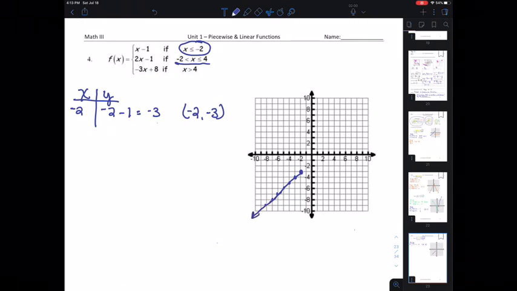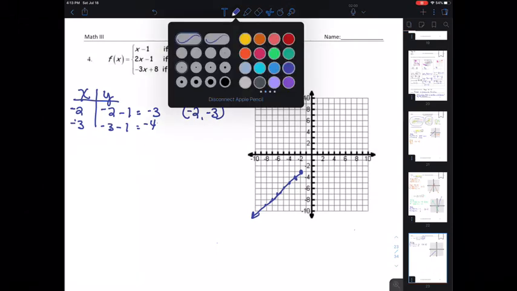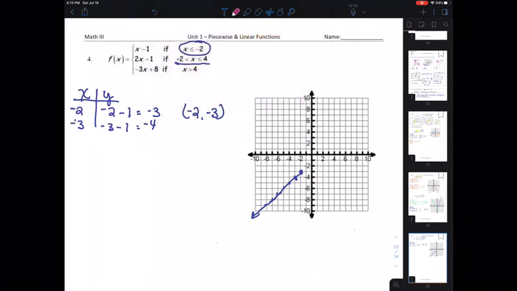Now, again, if I wanted to check my work, I could take a point less than negative 2, say negative 3, and then I have negative 3 minus 1, which is negative 4, and we see that's that point, negative 3, negative 4. Okay, now, to draw the middle one, we're going to have to take 2 points. So our first point is at negative 2.